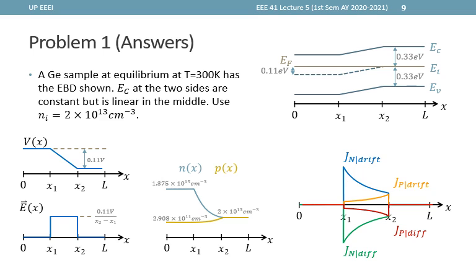We can plot N of X and P of X based on the formulas, and then we can plot the currents starting from JN drift and JP drift, and then flip it for JN diff and JP diff since the material is in equilibrium. However, flipping JN drift and JP drift cannot be done when the material is not in thermal equilibrium.